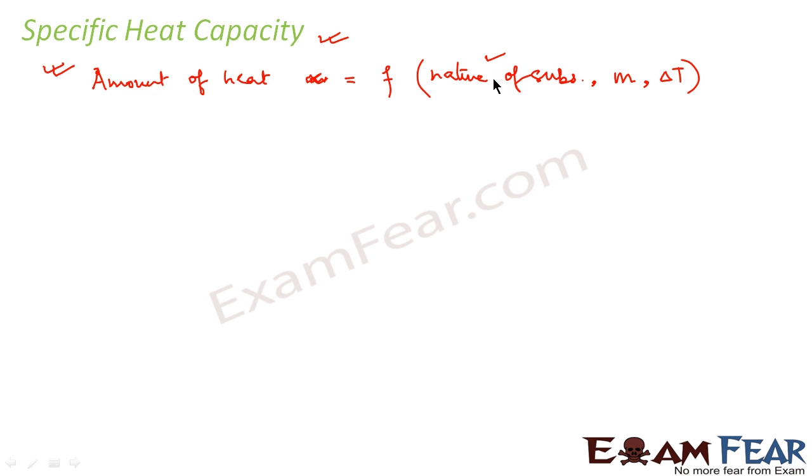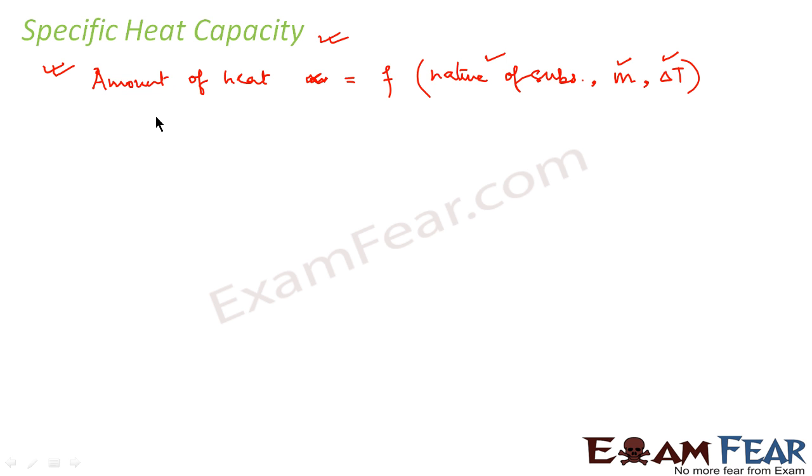That means the amount of heat required will vary with the nature of the substance. It also varies with the amount of the substance which you are heating, and with how much temperature you want to heat it by. So delta T. These are the three things on which this amount of heat depends.